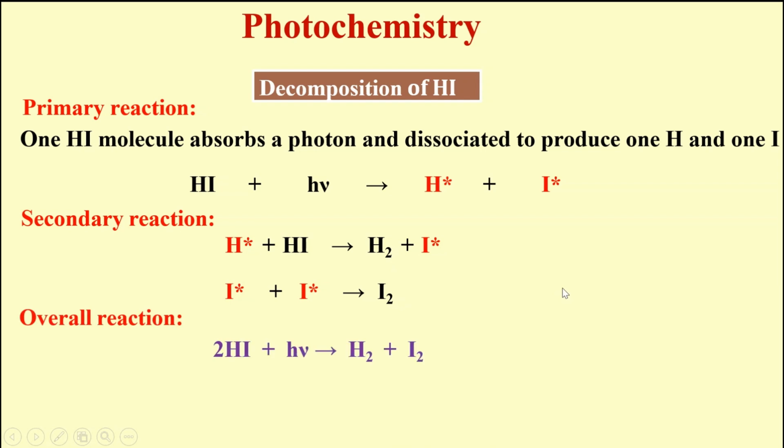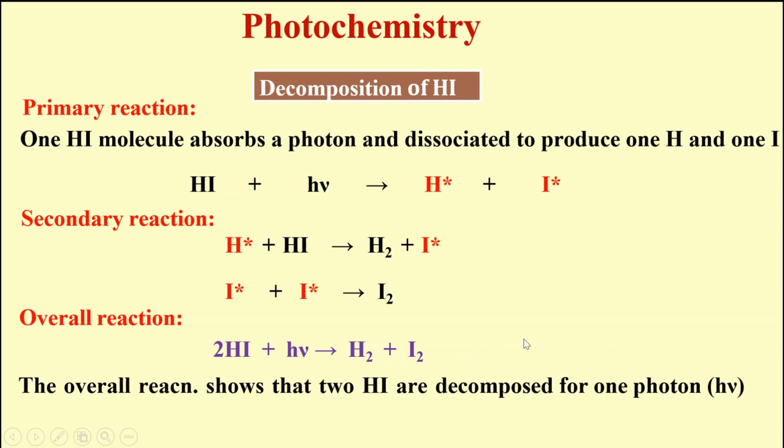The overall reaction is that two molecules of hydrogen iodide react in the presence of light to give rise to hydrogen and iodine. Here 2 is the psi. Quantum yield is 2 by 1. Two molecules of hydrogen iodide react by absorbing one quanta of light.